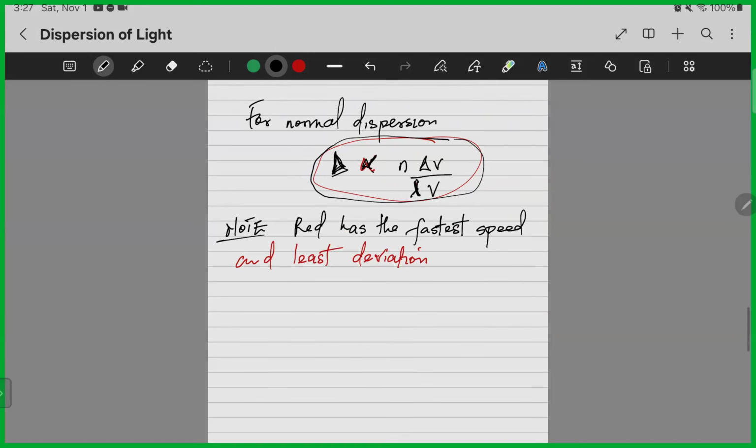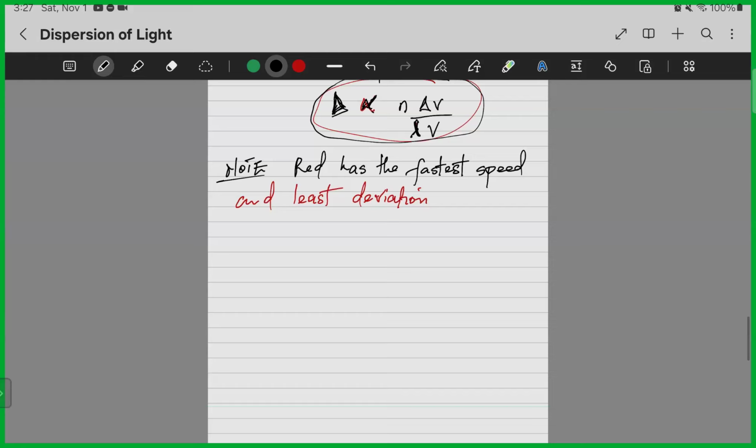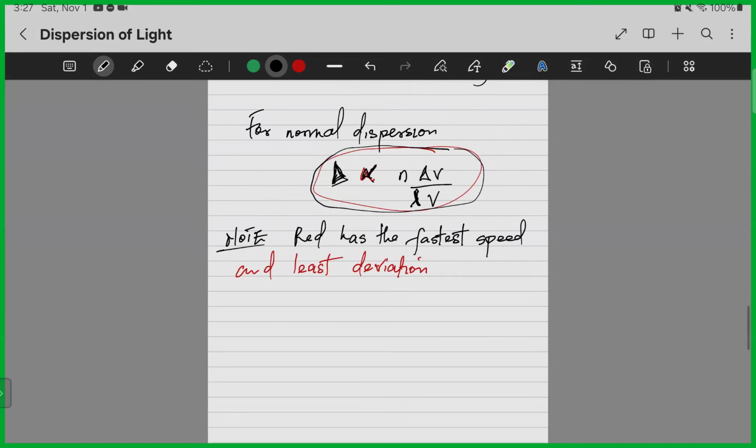Whatever point we want to make, we'll make it while we're using that formula to solve questions. But notwithstanding, I've established it and it's a good point. So it's like saying the dispersion depends on refractive index, speed, wavelength. This is change in speed. This is speed itself. This is refractive index. And of course, you know what lambda is, wavelength.